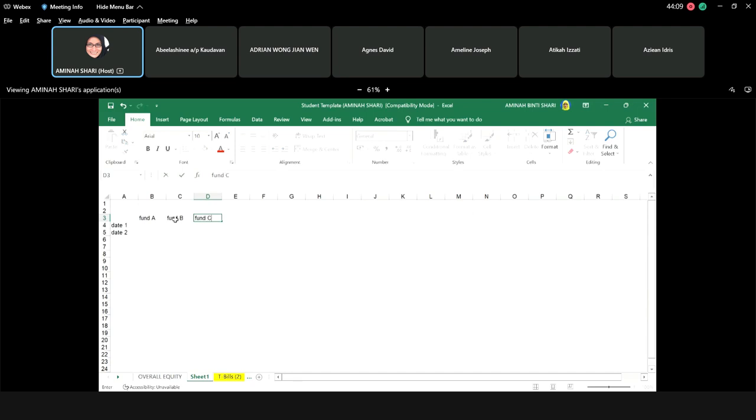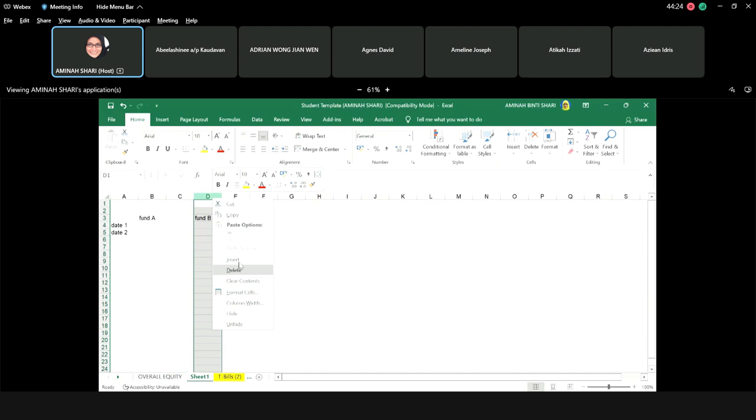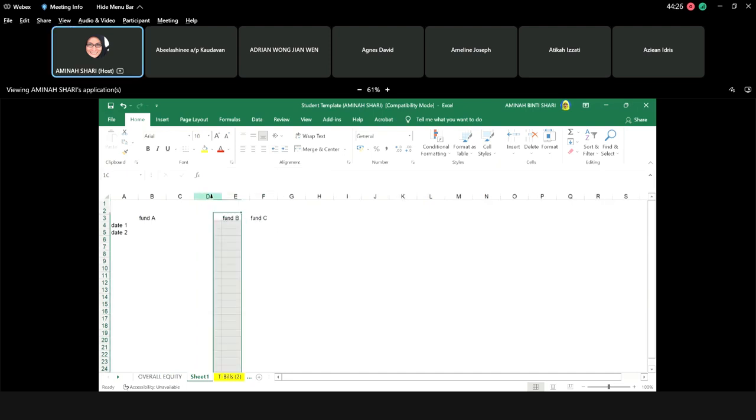Macam ni lah contohnya lebih kurang kalau you collect data yang betul, you akan dapat data dalam bentuk macam ni. Okay, maksudnya what you need to do, you tambah lagi satu column. Okay, you insert another column sebelah fund A. Sama juga macam ni pun, you insert je satu lagi, you insert lagi satu column. Okay, dekat fund B. Okay, untuk you dapatkan return.